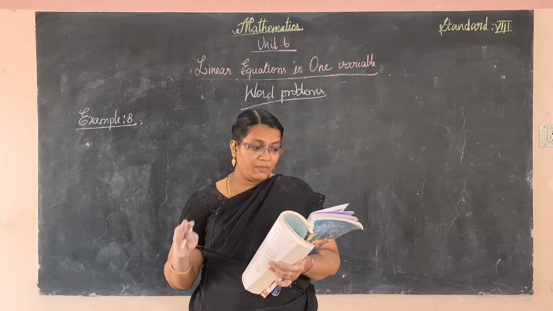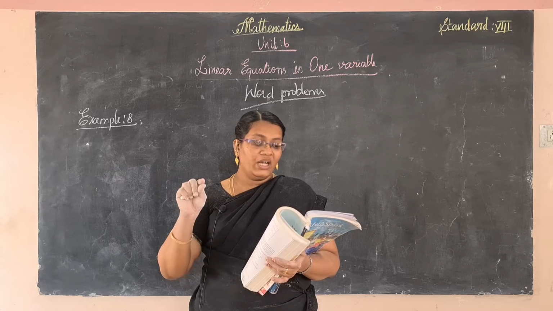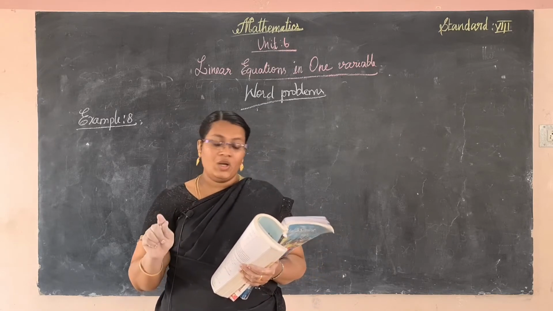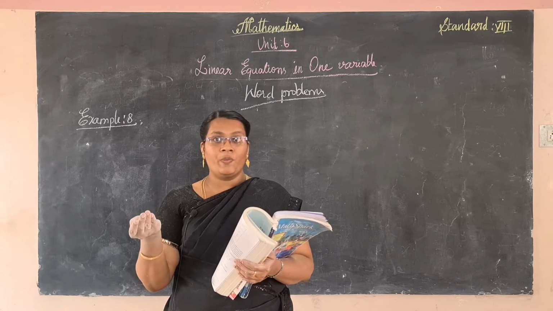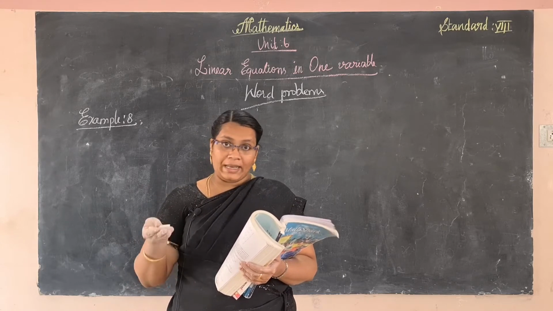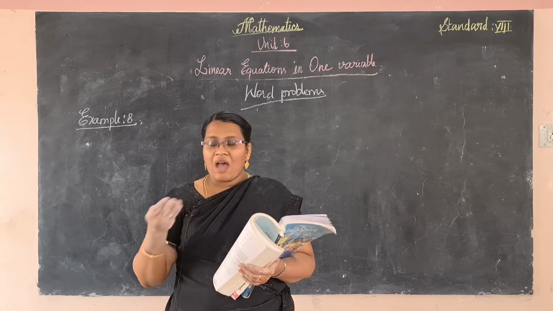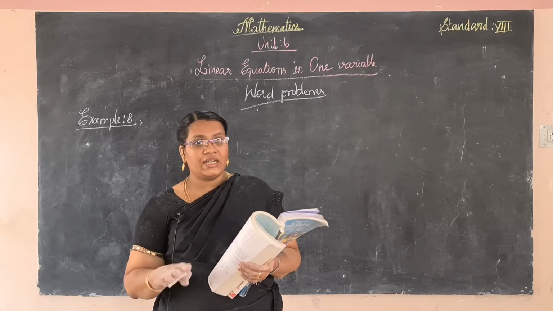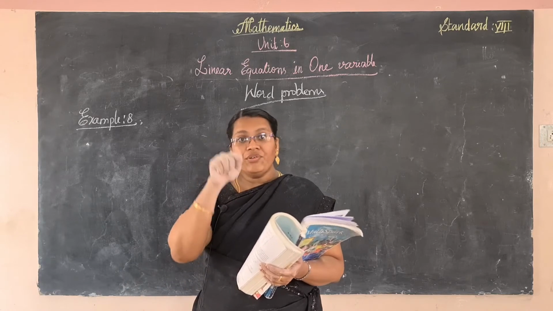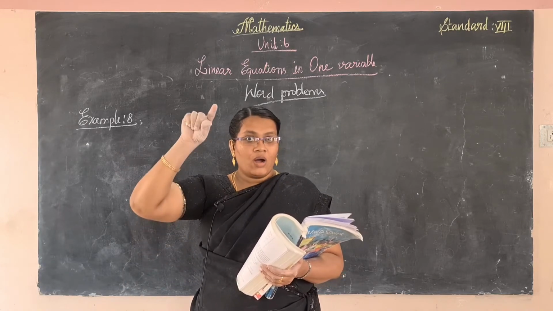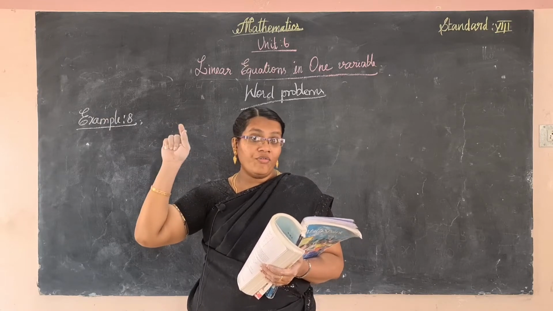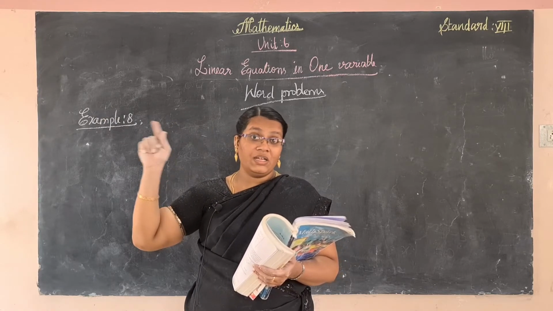Listen. When 5 is added to 1/5, 1/5 means 1/5 of a number. We don't know that number, so what we do? We consider x, the unknown number, as usual. So 1/5 of a number is 1/5 into x.